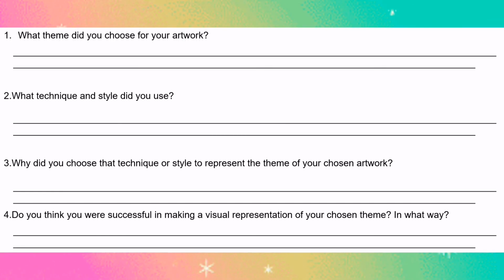Number 2. What technique and style did you use? Number 3. Why did you choose that technique or style to represent the theme of your chosen artwork? Number 4. Do you think you were successful in making a visual representation of your chosen theme? In what way?